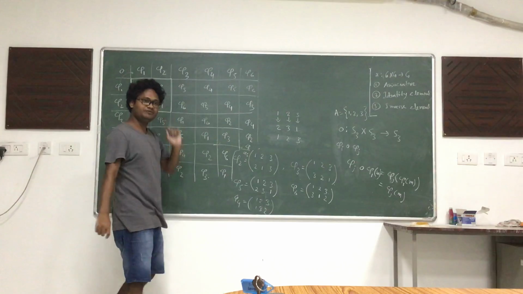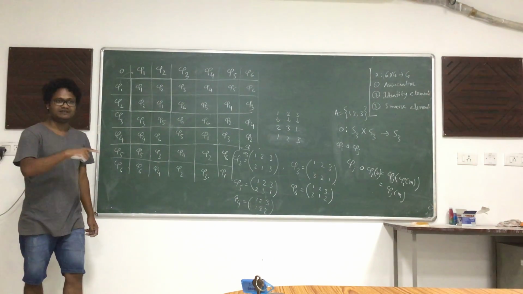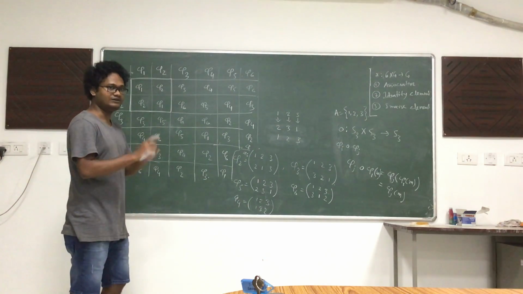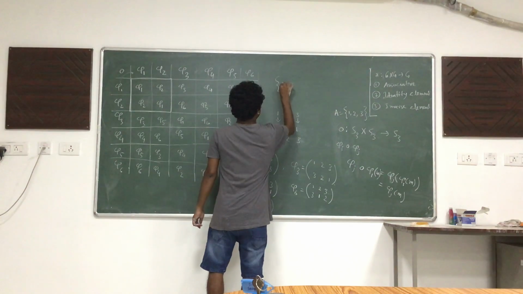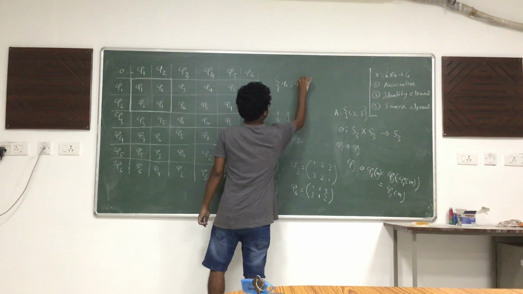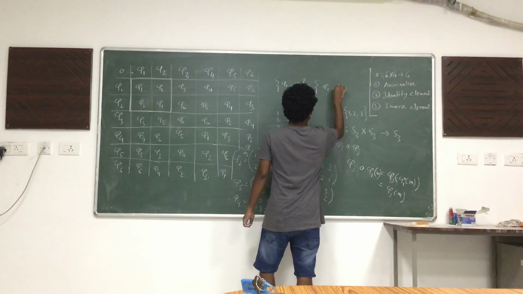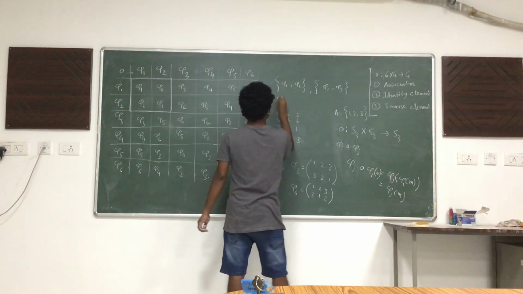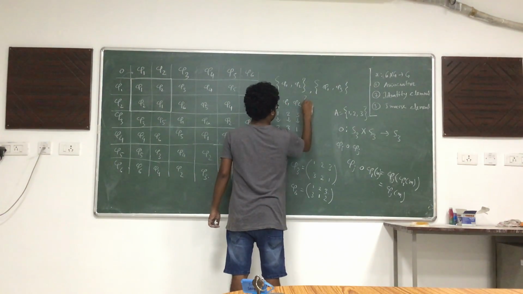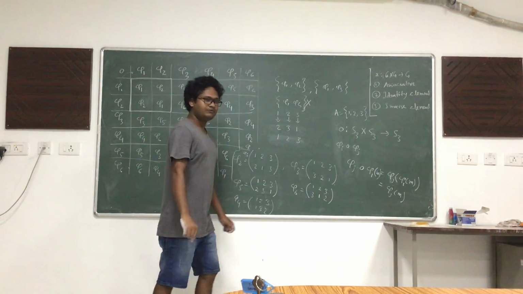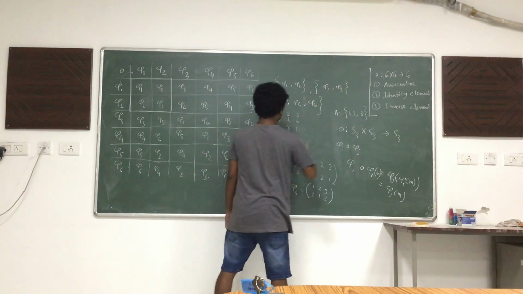But φ1, φ5 will not be a subgroup, because the inverse of φ5 is not there in the φ1, φ5 set. So φ1, φ2 is a subgroup, similarly φ1, φ3 is a subgroup, but φ1, φ5 is not a subgroup. But if we include the element φ6, is it a subgroup?